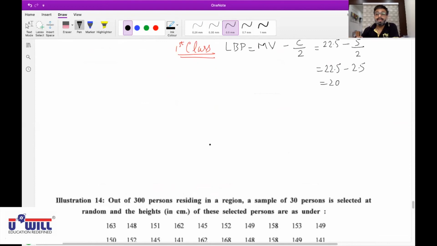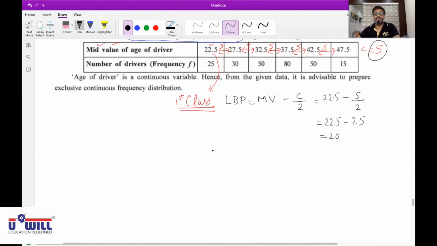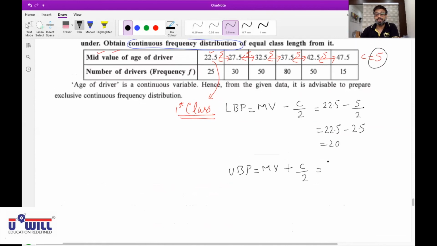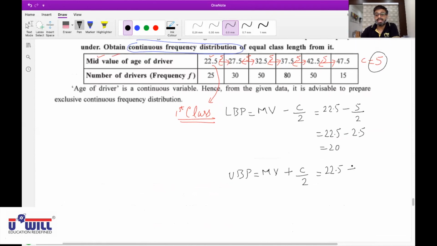Same way we will obtain upper boundary point also for the first class. How will we find it? Mid value plus class length upon 2. 22.5 plus 5 by 2, so 22.5 plus 2.5, that is 25.